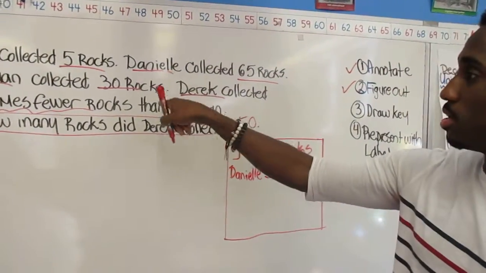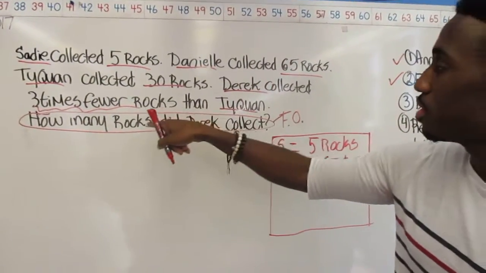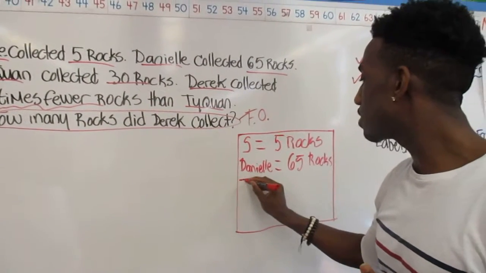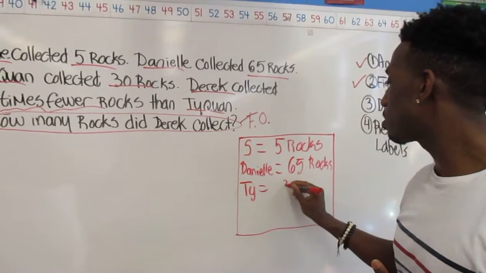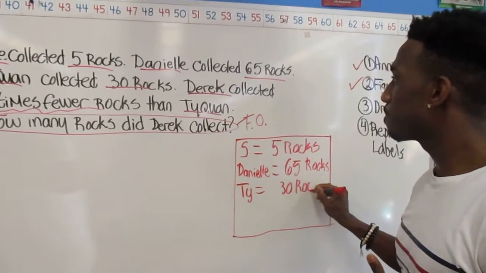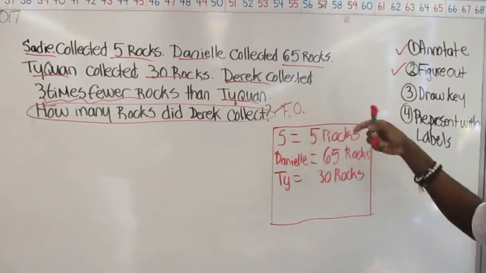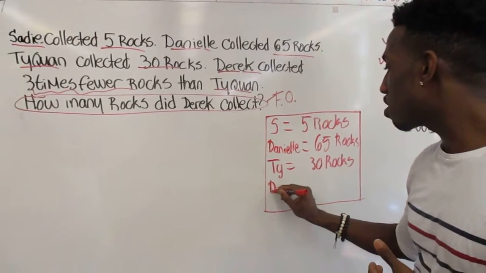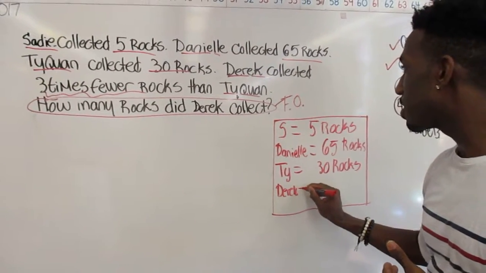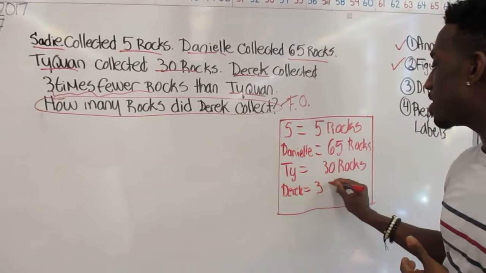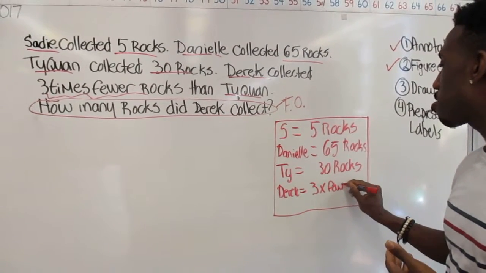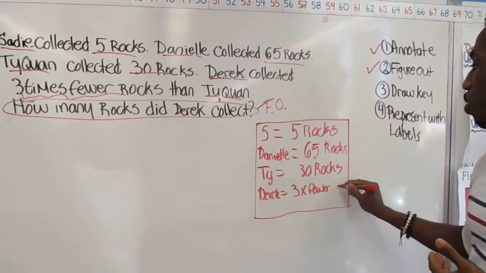Let's see what else. Taekwon, 30 rocks. Tai equals 30 rocks. Now Derek collected 3 times fewer rocks than Taekwon. So I'm going to just write Derek equals 3 times fewer than Taekwon.